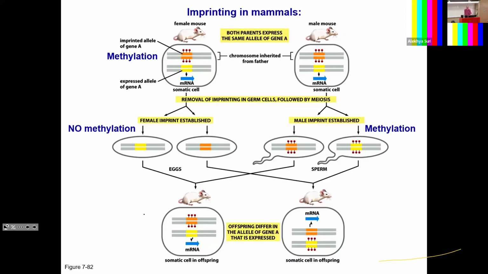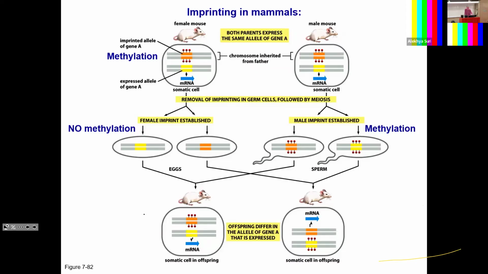And so during this meiosis process, in general, methylation groups are removed. So there are processes where methylation groups are just not there anymore. So we have two situations here. On the left side, eggs, oocytes, on the right side, sperm.